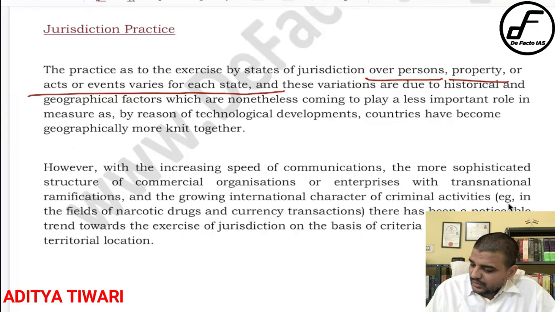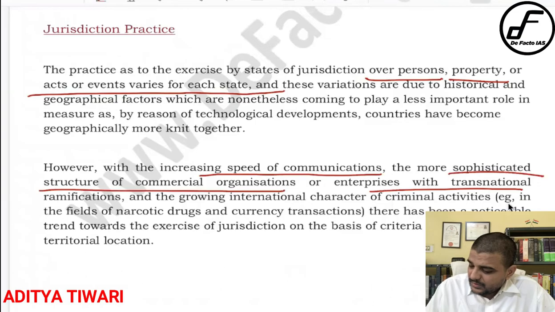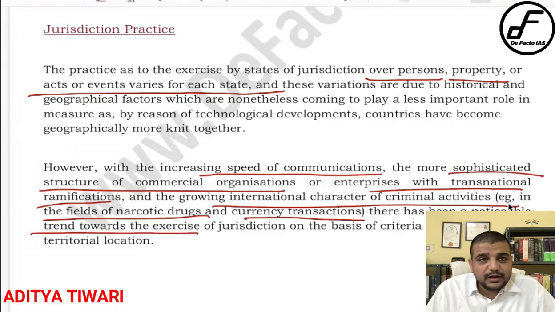Similarly, I have written here also, with the increasing speed of communication and more sophisticated structure of commercial organization or enterprise with transactional ramification and growing international character of criminal activities, especially in the field of narcotics and currency transaction, there has been a noticeable trend toward the exercise of jurisdiction on the basis of criteria other than that of territorial location.